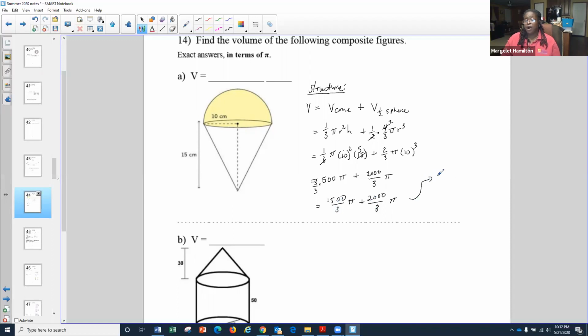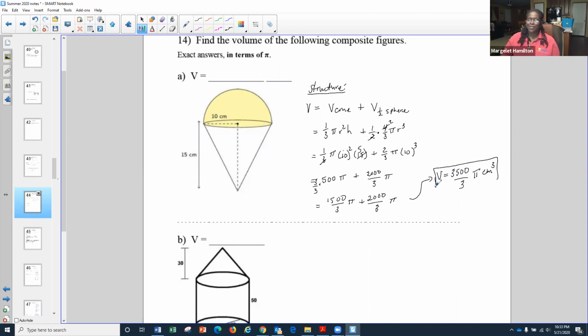So to get our volume, adding these together, going across here, we get 1500 plus 2000 gives us 3500 all over 3. Is everybody okay? Then your pi. So now we have 3500 over 3 pi, and then our dimensions are centimeters cubed.